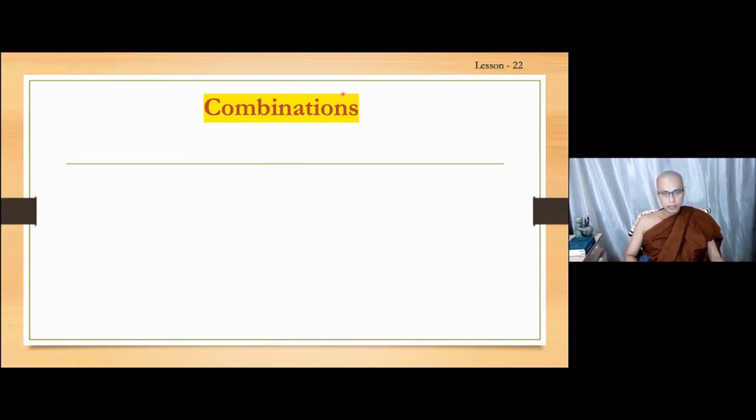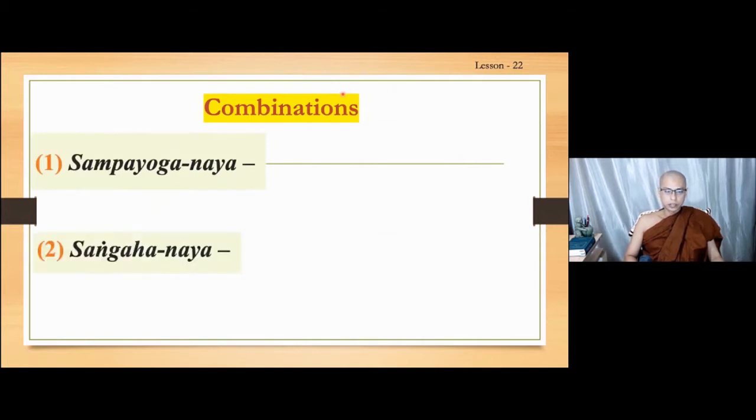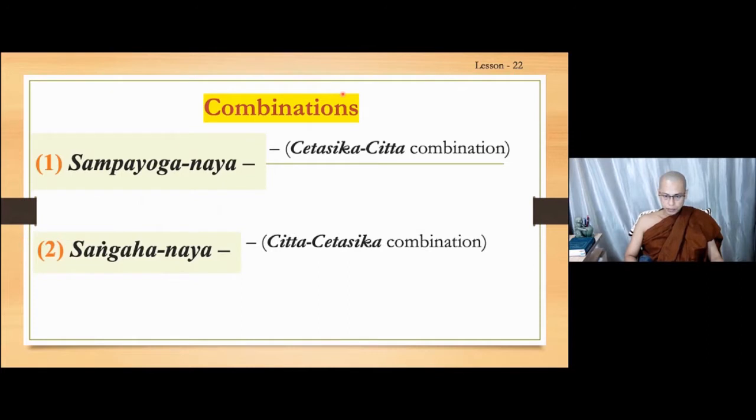We already studied the combination methods, Sampayoga and Sangaha Naya. In Sampayoga Naya, we take the mental factor and then find the associated consciousness. That's why Sampayoga Naya is called Cetasika-Citta Naya. And for Sangaha Naya, we take the consciousness first and then find the associated mental factors. That's why it is Sangaha Naya.